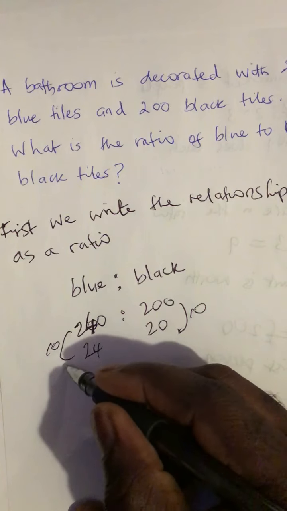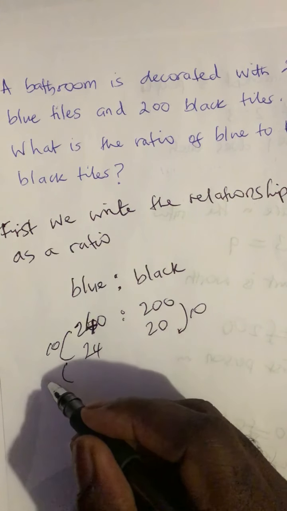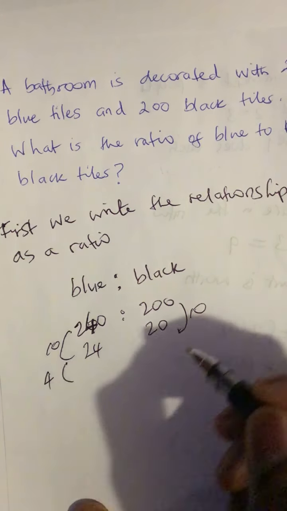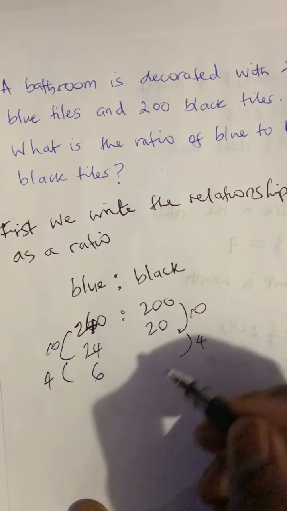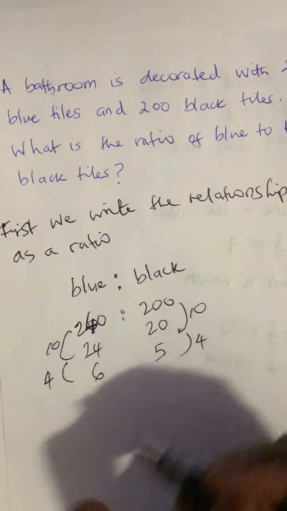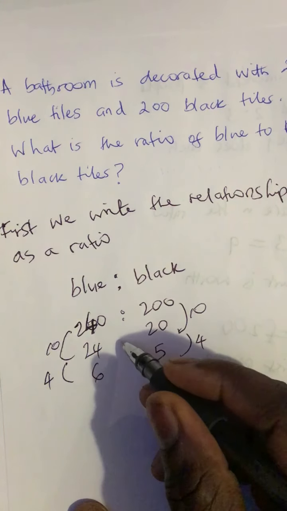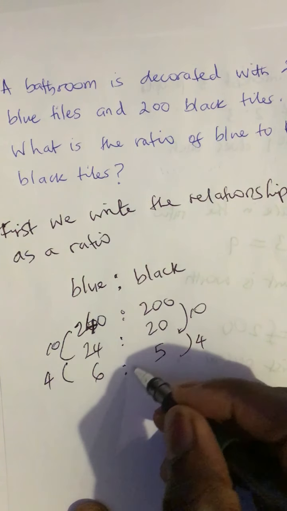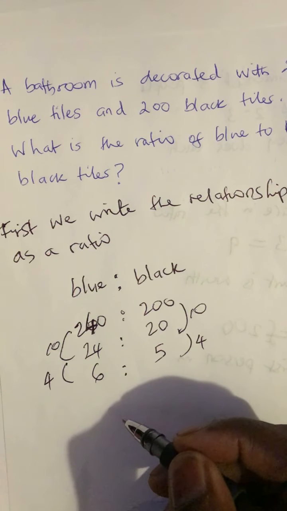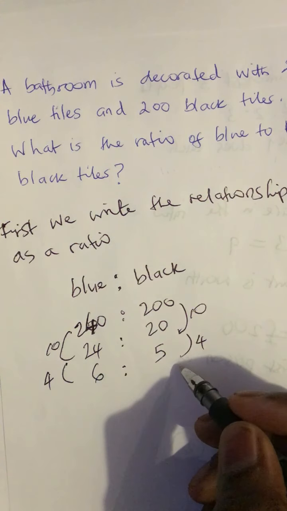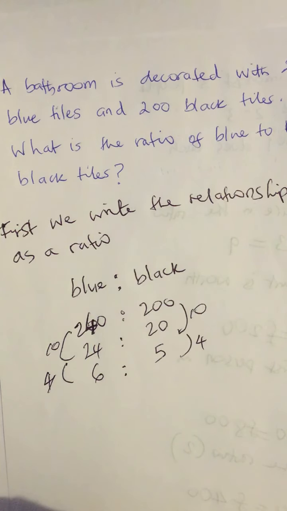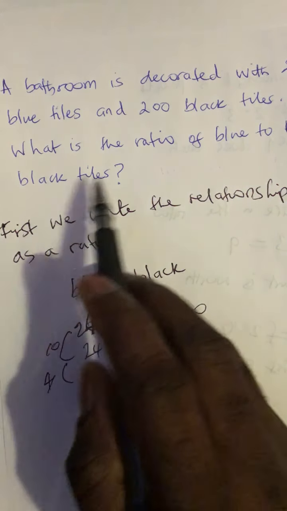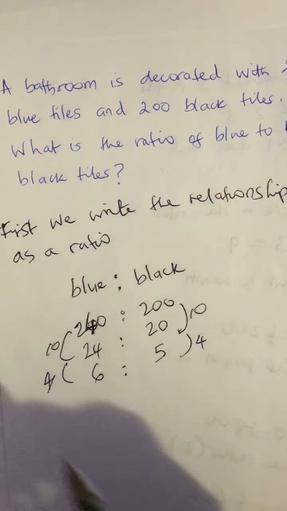So if we divide this 24 again by 4, and we divide this 20 by 4, this one will give us 6, and this will give us 5. So we now have the simplest ratio to be 6 to 5. The question says, what is the ratio of blue to black?